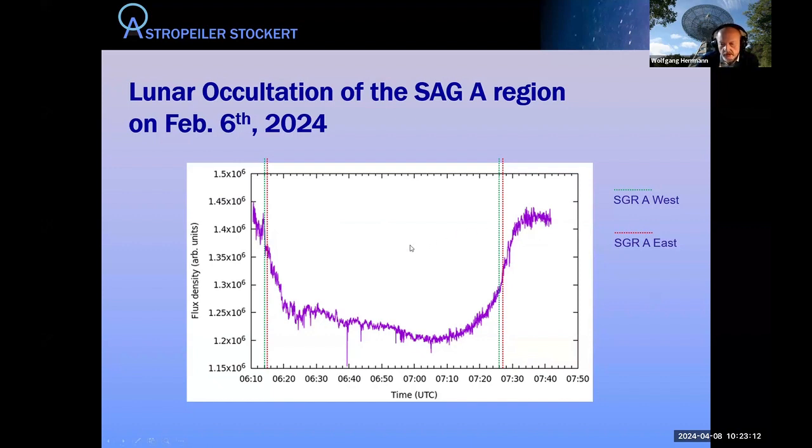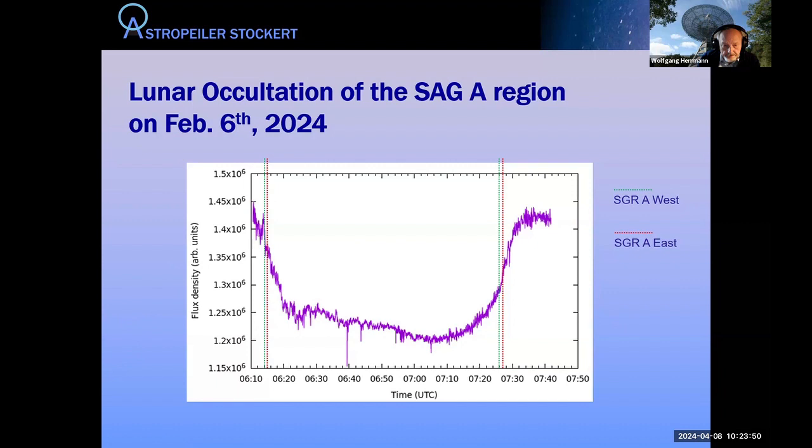What is not depicted here is the moon; we had the same thing, that the moon was raising the signal and dropping here again. It was not as clear as for the Crab Nebula, but in principle it was the same thing. I should mention that that was a joint experiment also with the Dwingeloo telescope. We did it simultaneously with our friends at the 25-meter dish in Dwingeloo, and had similar results.